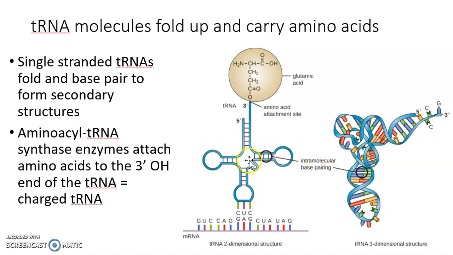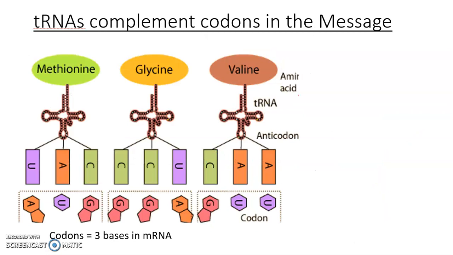The other important part of our tRNA molecule is what's known as the anticodon. That has these three bases that are sticking out over here. And if you look at the process, those tRNAs are going to complement some bases in the message. So think about your messenger RNA.